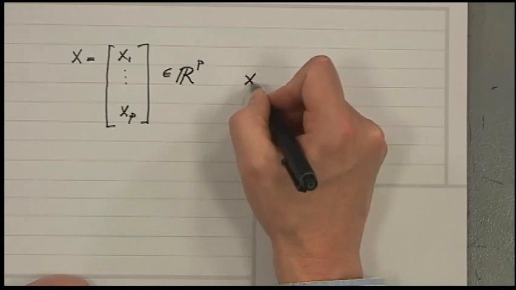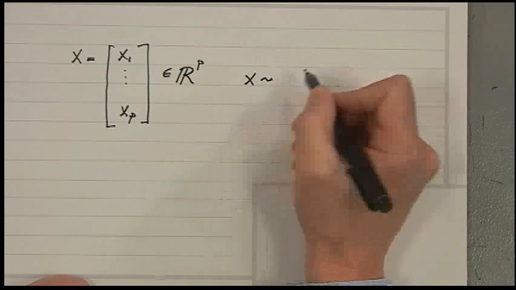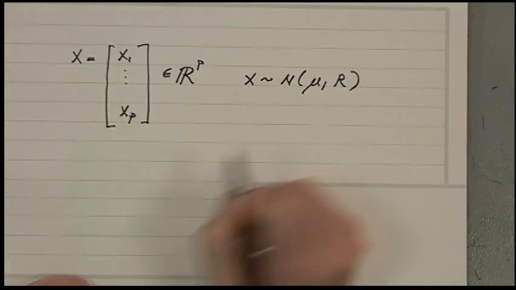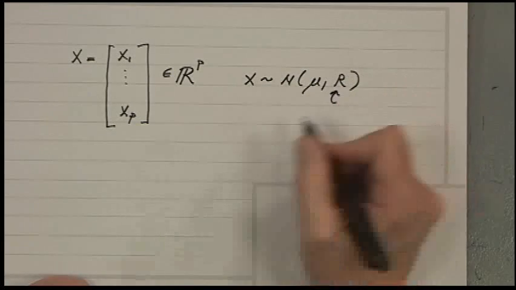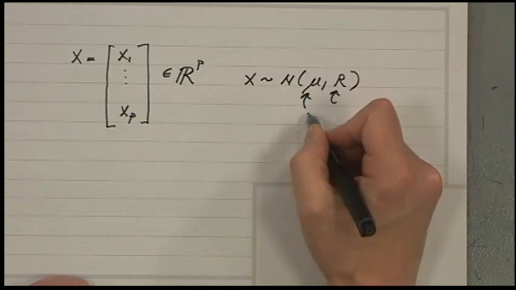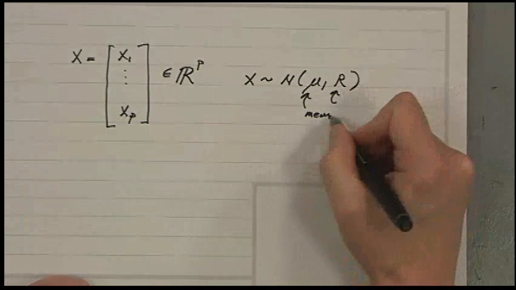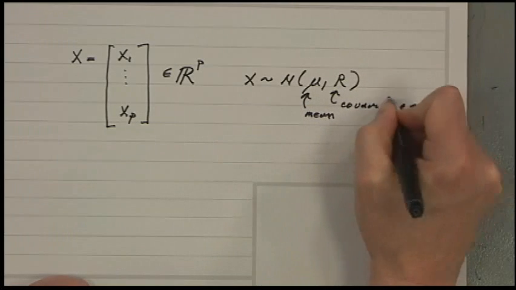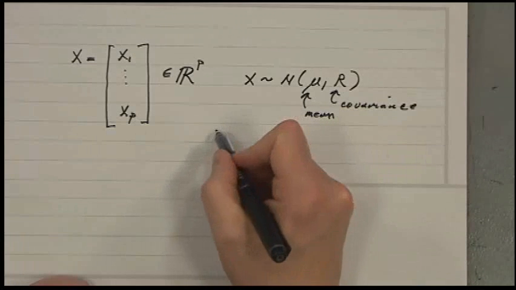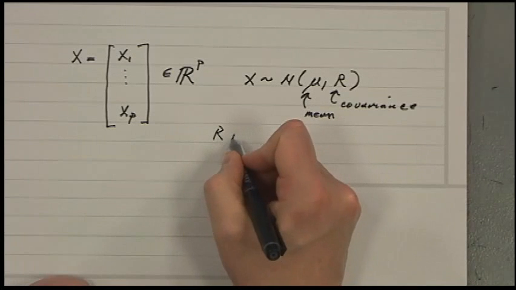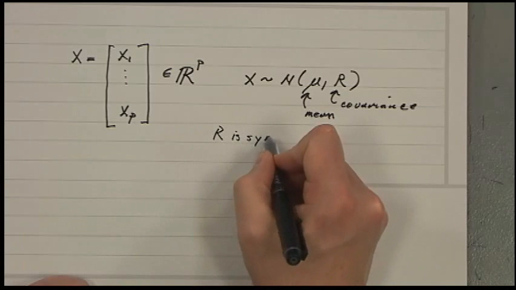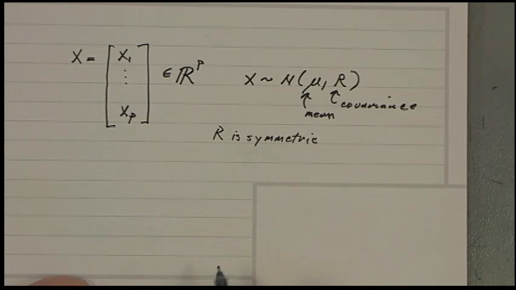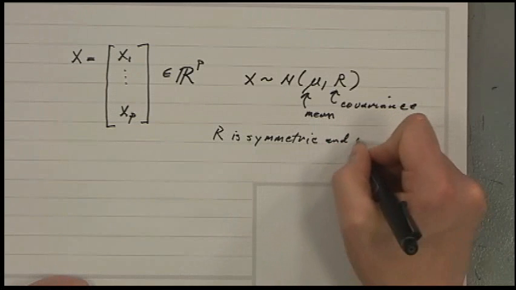So we say that X is distributed as N(mu, R), where mu is the mean and R is the covariance. And R has the following property: R is symmetric and positive definite.